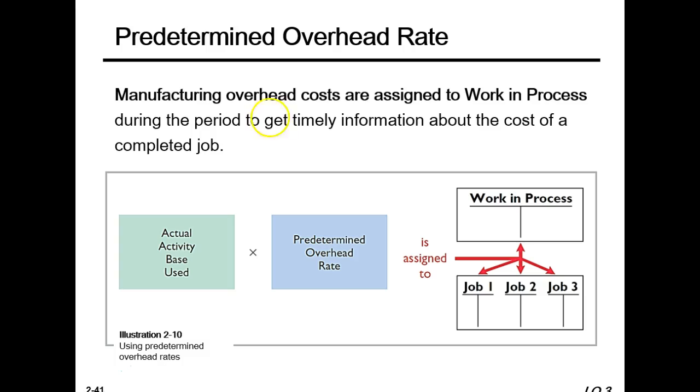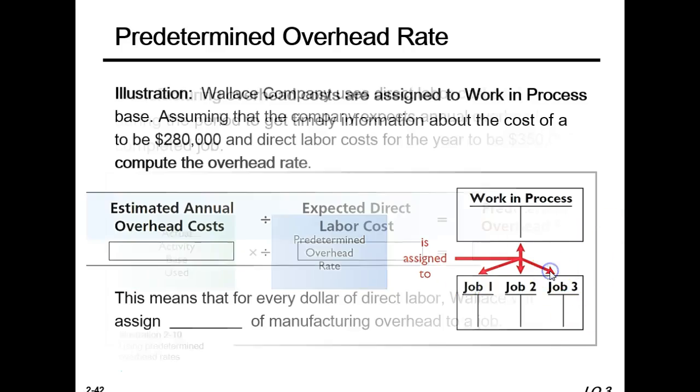So what happens is manufacturing overhead costs get assigned to WIP during the period so we can get some information to give back to the managers. We have come up with either direct labor, direct materials, or some type of machine hours. So we've got some actual figures times whatever this predetermined rate is that they tell us to then be able to assign this manufacturing overhead to specific jobs.